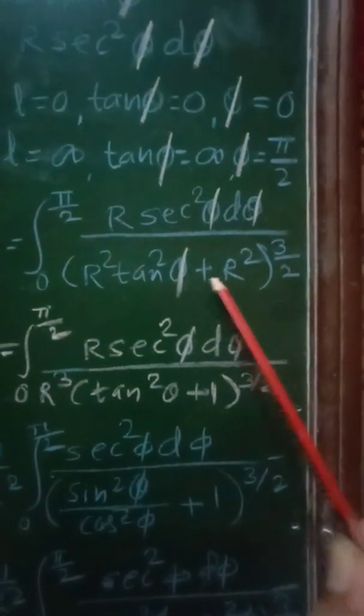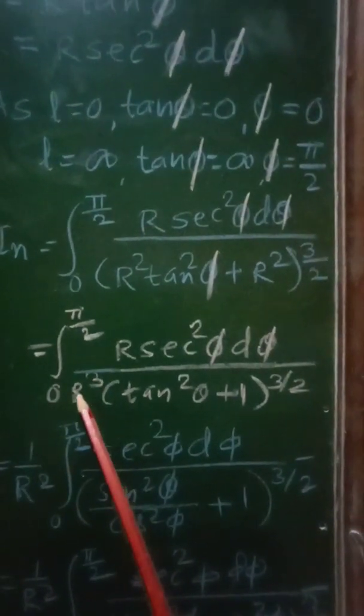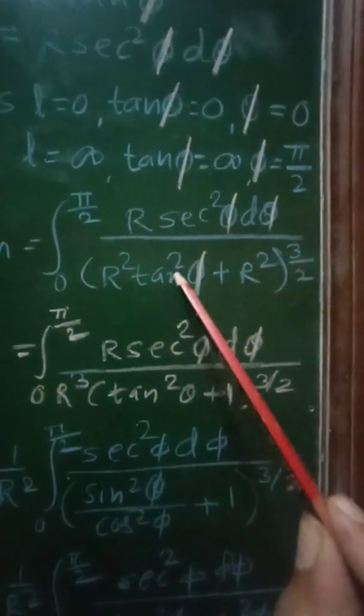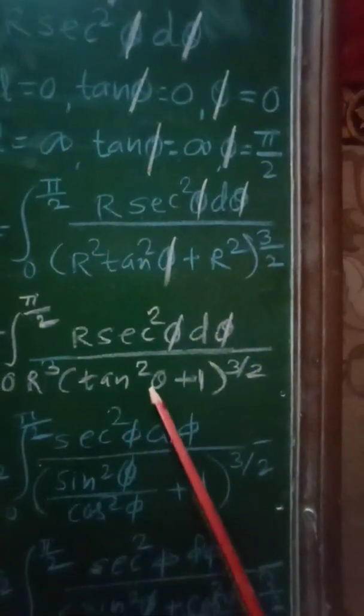From this, R² raised to 3 by 2 will be taken common, and therefore it will be R raised to 3. So in the bracket we will get (tan² phi + 1) raised to 3 by 2.